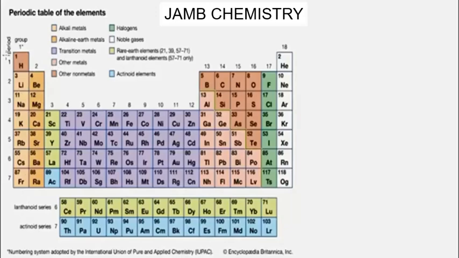Elements in group 1 are considered the most reactive metals because they have one electron on the outermost shell.